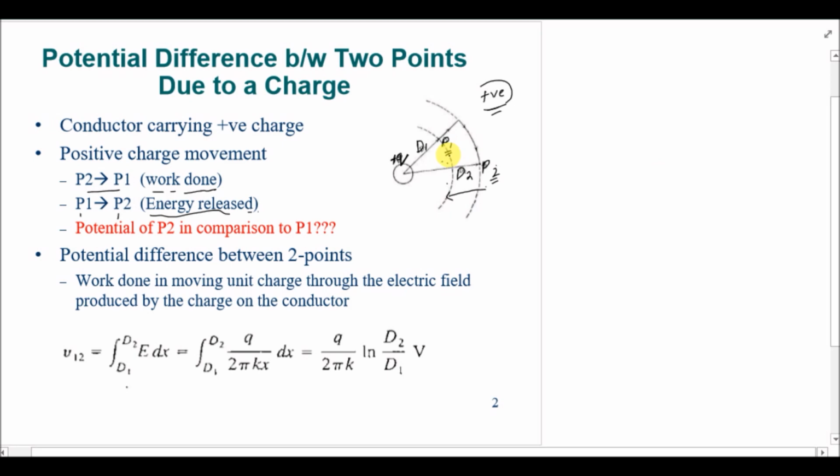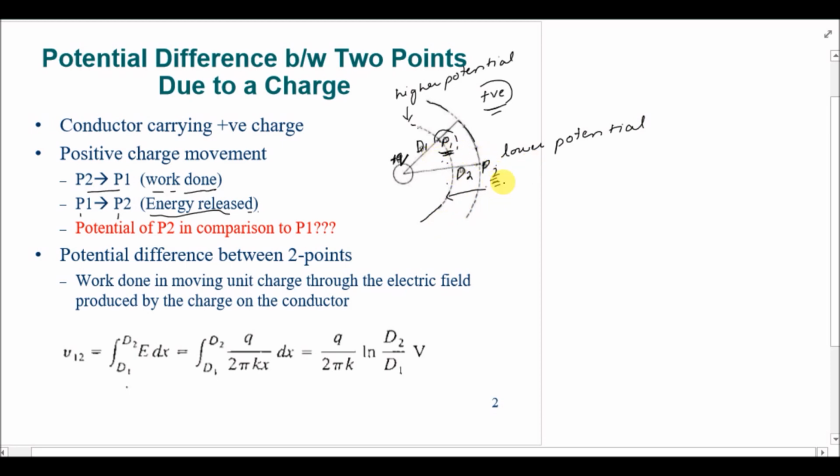So this p1 point or this equipotential surface is at higher potential in comparison to this equipotential surface which is at lower potential. So there is a potential difference between these 2 points p1 and p2.